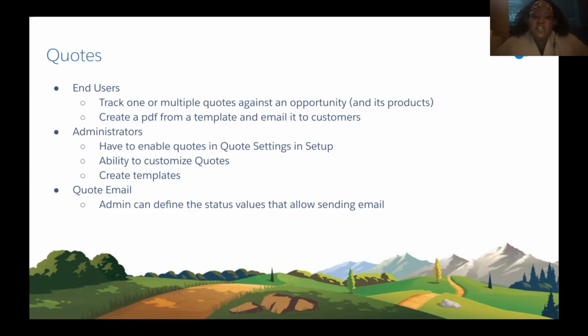You could create a PDF and email it to consumers. We as administrators have the ability to enable quotes and customize them and create those templates. And then you can email the quote to the end user using the email template.